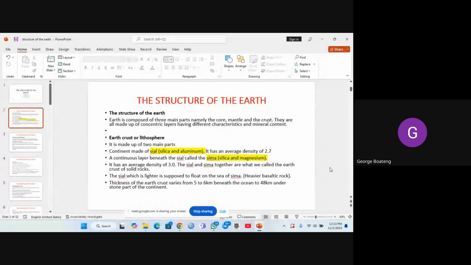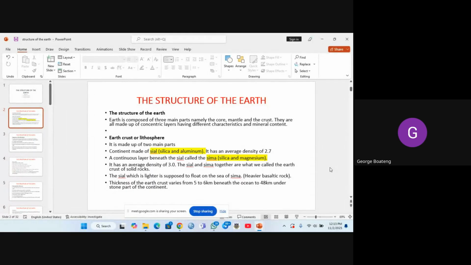One thing we should understand is that sial is a bit lighter and it floats on the sima. So they can ask you, which of the composition of the crust is lighter? The sial is lighter than the sima. The sima is rather heavier.